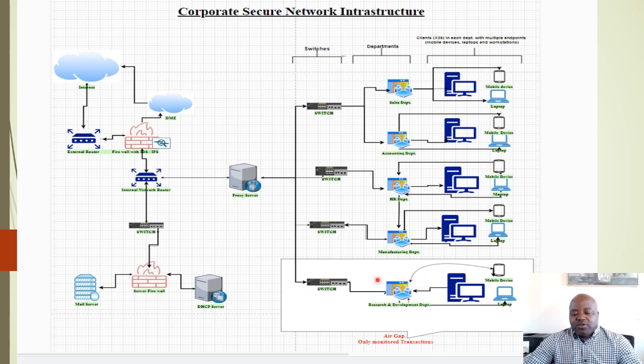That's why this section of the architecture is air gapped. We also have client servers and other devices connected to it, but that is in a very separate, isolated network, which can only be accessed through monitored access. So that is it about this architecture diagram.